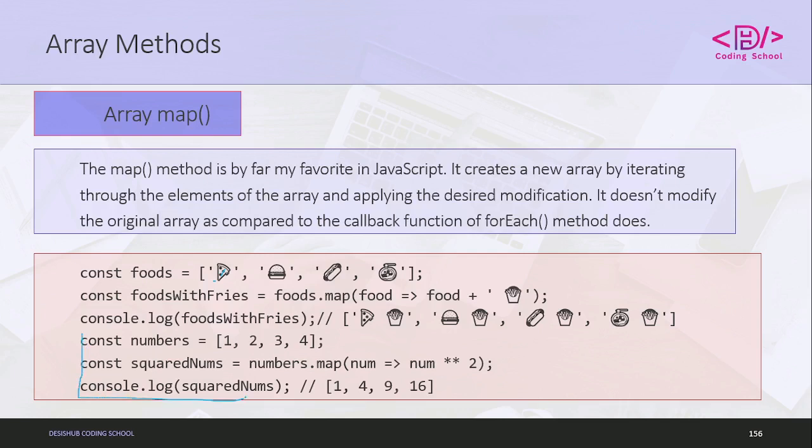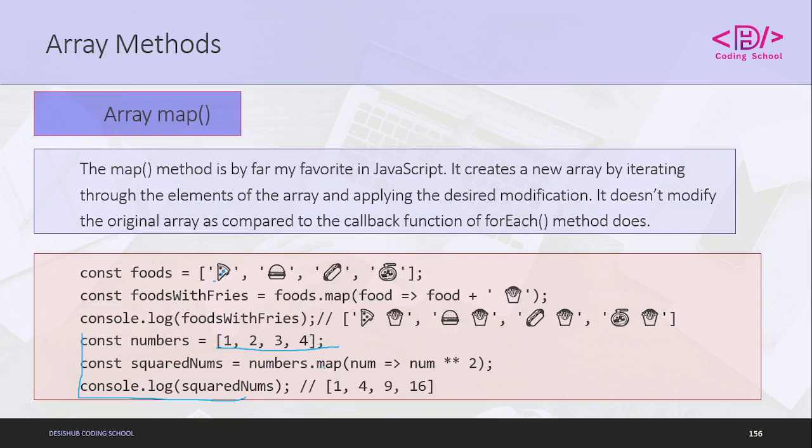Let's just say we have numbers 1 to 4, and we want to square each of the numbers. Of course, we did this with the for of loop. You could just use a for of loop to do that task, but we want to use the map method.